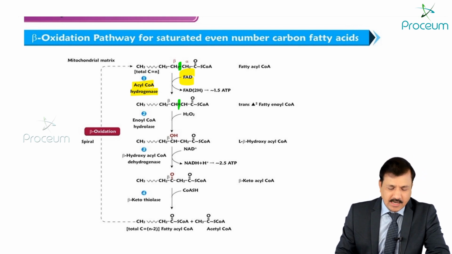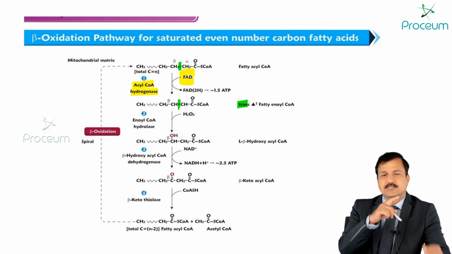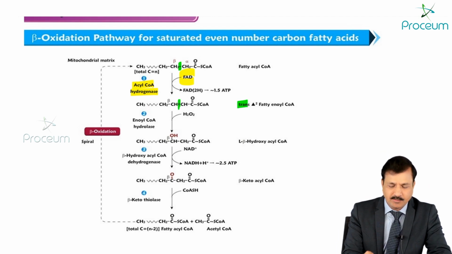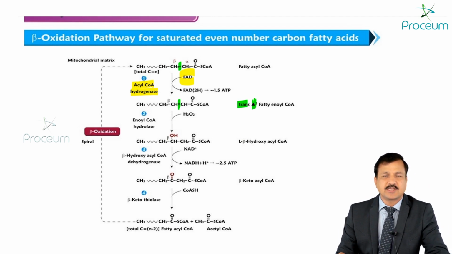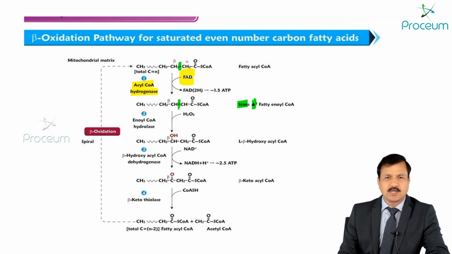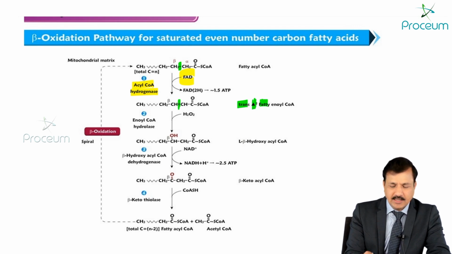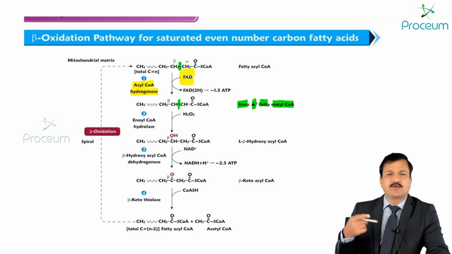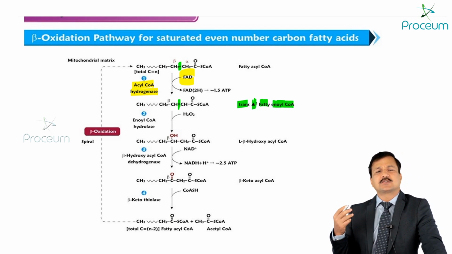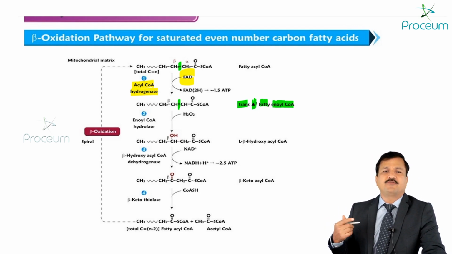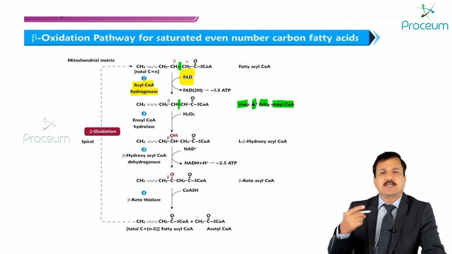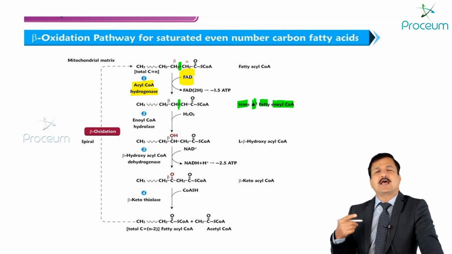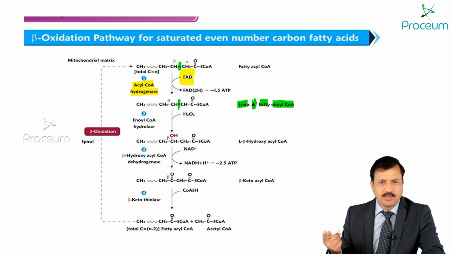The fatty acid you get there is trans, because the double bond is in the trans configuration. The double bond is at the second carbon, the alpha carbon, so that is trans delta 2 fatty enoyl CoA. Enoyl means having a double bond. So fatty acyl-CoA is converted into trans delta 2 fatty enoyl CoA.